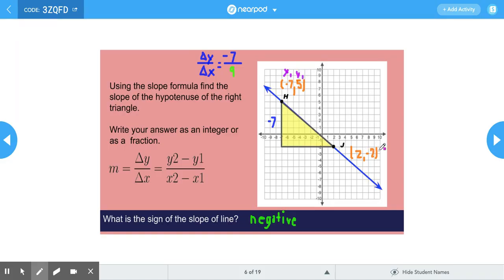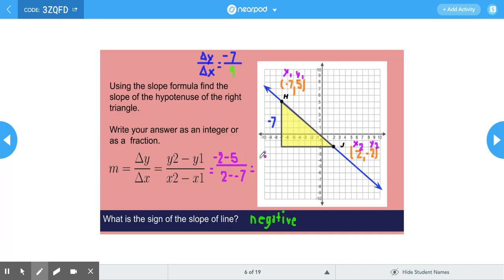And I'm going to say that 2 and -2 are x2, y2. Then I'm going to subtract. So we have y2, which is -2, minus y1, which is 5. Then we have 2 minus -7.